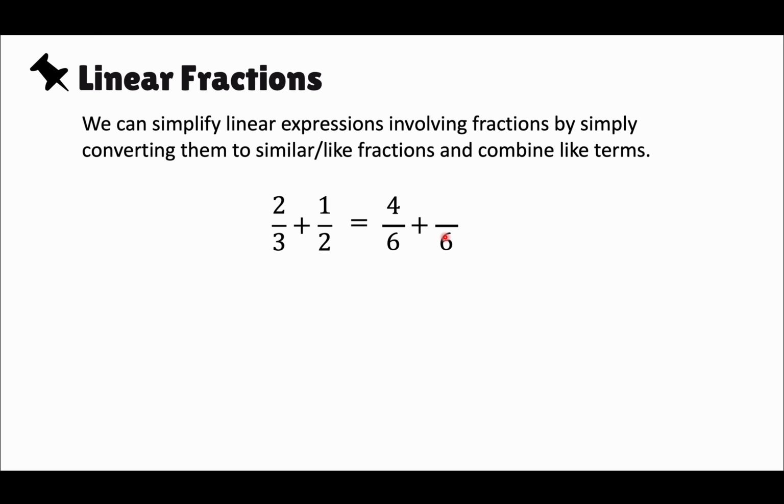On the other fraction, 6 divided by 2 is 3, times 1, you have 3. Since they now have the same denominator, we can combine them and write it as 7 over 6.